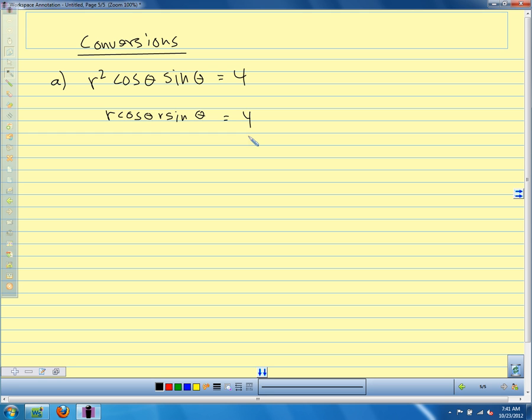And we can convert that to xy equals 4. And what is this graph? y equals 4 over x. And what does it look like? What do we call those kinds of graphs? It's an inverse function, or it looks like this, and it has asymptotes, right? It's a hyperbola. This is a hyperbola.